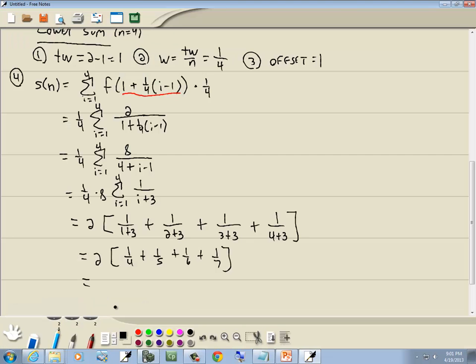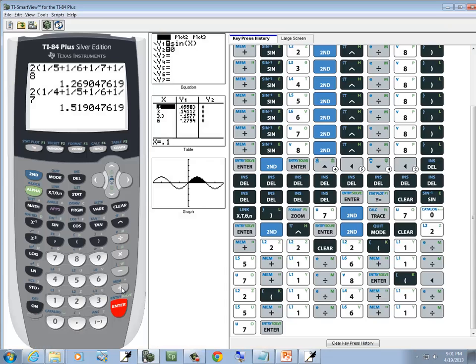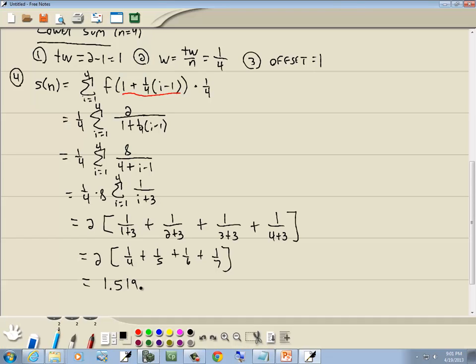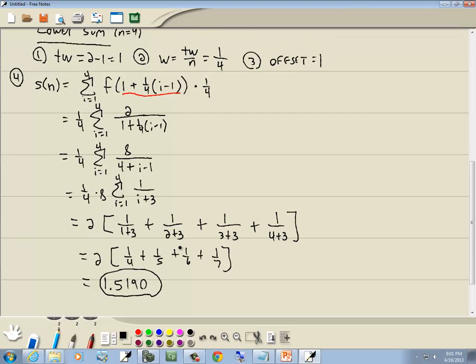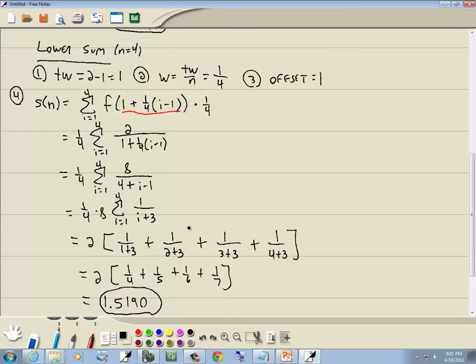And we get 1.5190. Still bothers me in that previous one we didn't get a value in between it, but oh well.